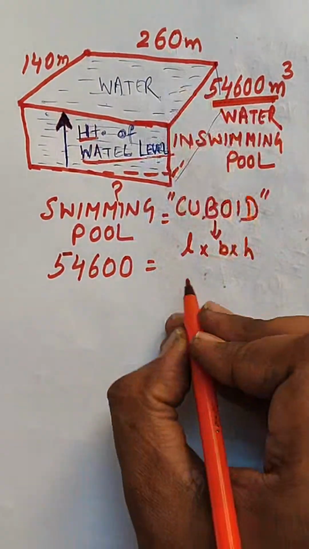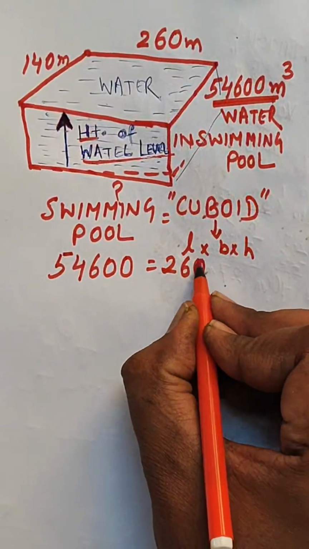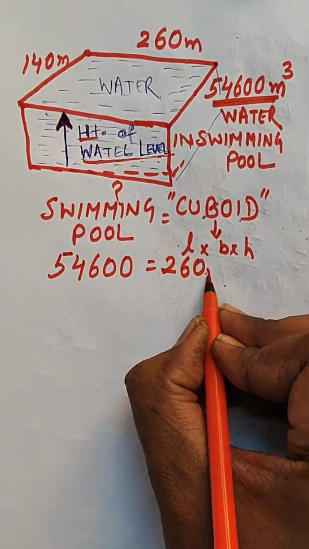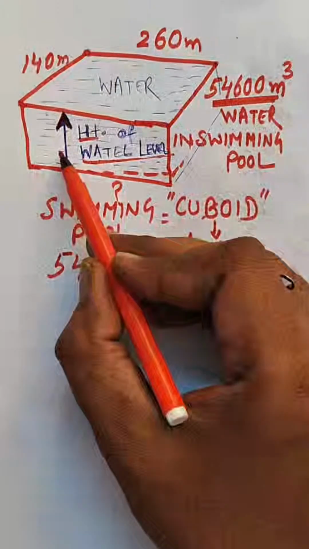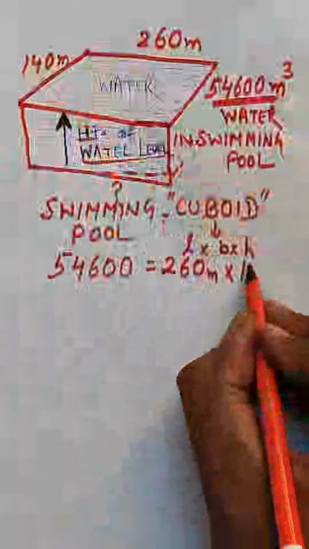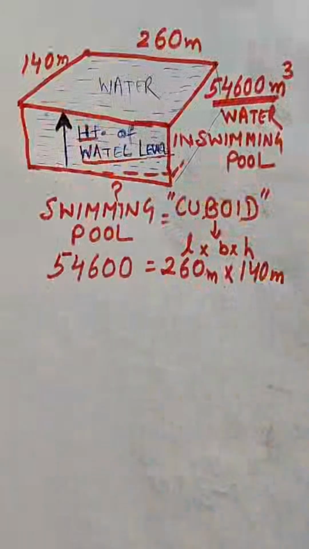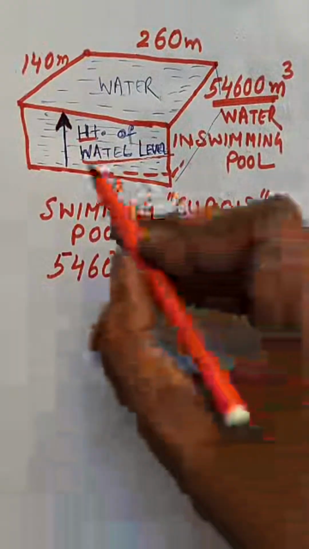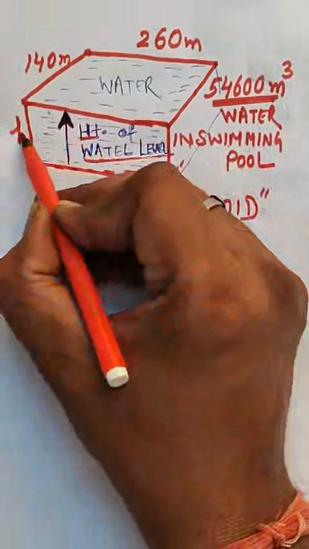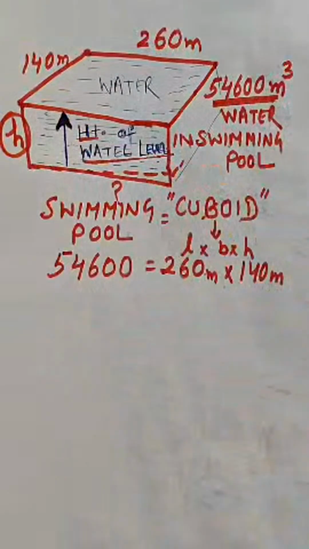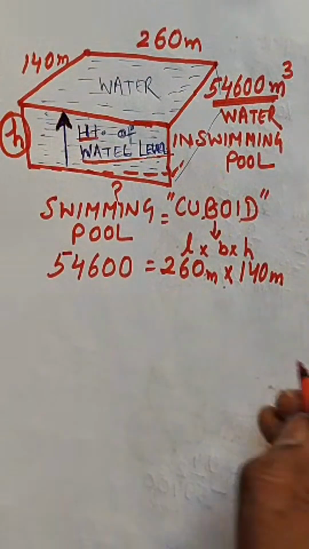What is L? L is 260 meter. What is B? 140 meter. And what is H? This is the height of the water level that we are going to calculate.